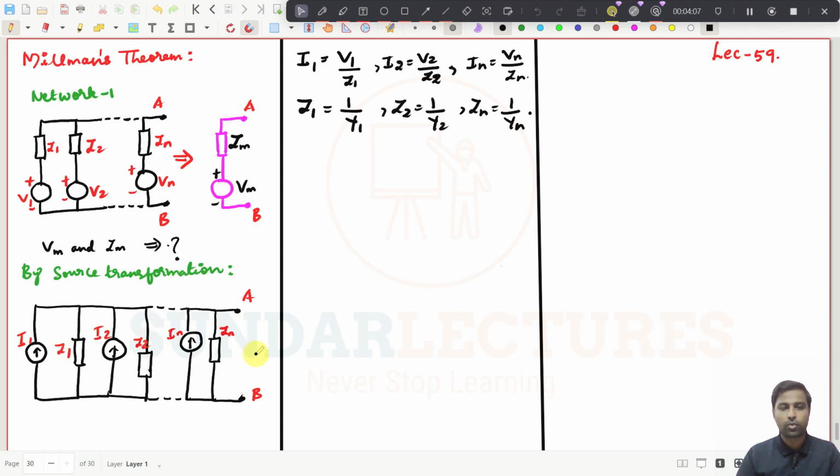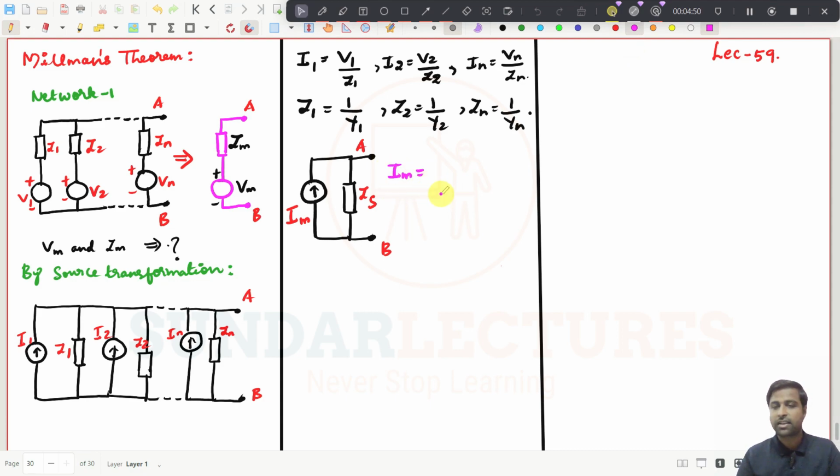If I want to convert this to a single circuit across point A and point B, I need to convert it to a single current source, which I am considering to be Im, and a single impedance, which I am considering to be given a different name, maybe Zs, because I am already using Zm here. So what is Im now? Im should be what?